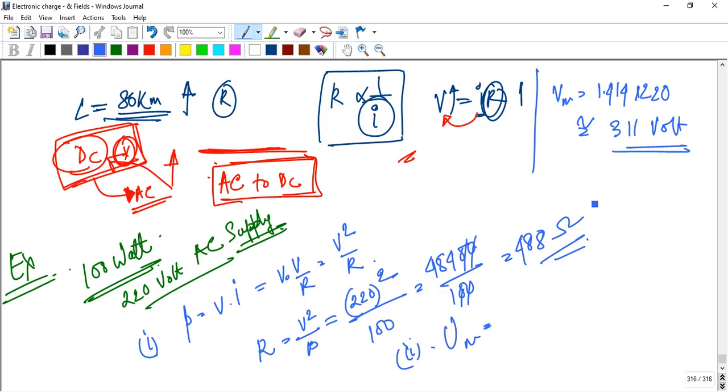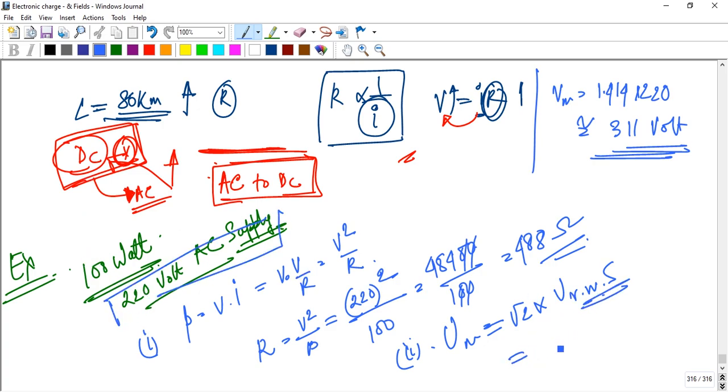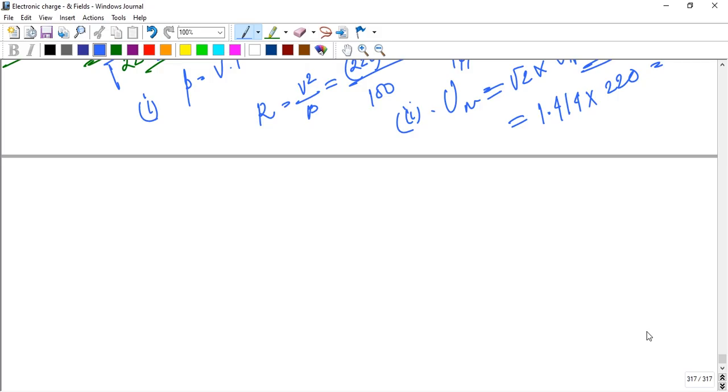Next, question number 2: what is the maximum voltage Vm? We calculate the maximum peak voltage, which equals root 2 times Vrms. In the Kolaghat supply, the AC is an RMS supply, so it is root 2 times RMS, that is 1.414 times 220, and we get approximately 311 volt. And the third question: what is the current?